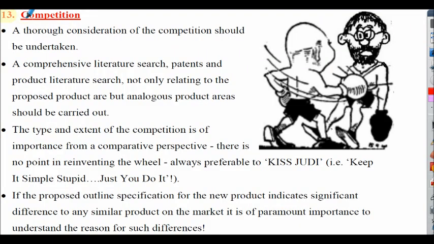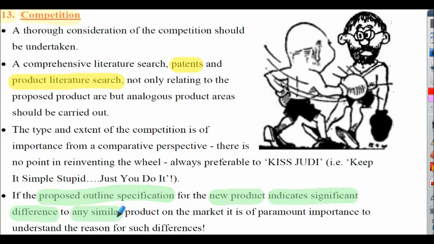Requirement 13 relates to competition. In other words, understanding who your direct competitors are and what patents or products are on the market already, and in particular how any proposed outline specification for a new product indicates any significant difference to any similar products on the market at this time, and if so, it's very important to understand the reason for such differences between the proposal and what's existing on the market.